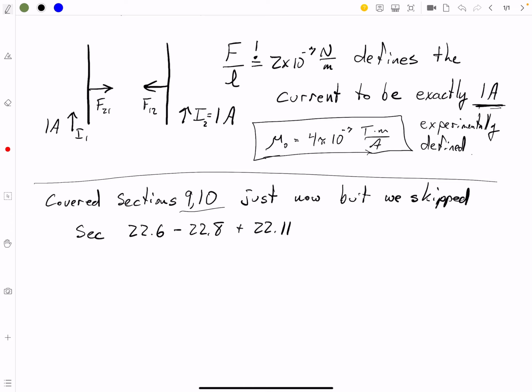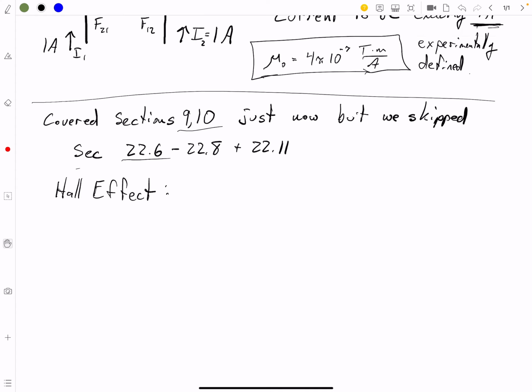So here we go. We're going to talk about section 22.6, which is the Hall effect.